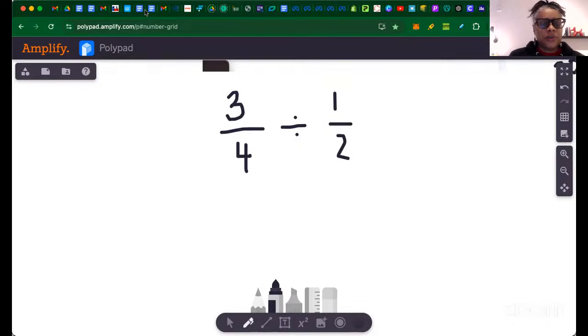Give me a yes or no on that. 3/4 divided by half, or is it mixed numbers? Give me some feedback. Is this what it is? I'll go ahead and work that one out.